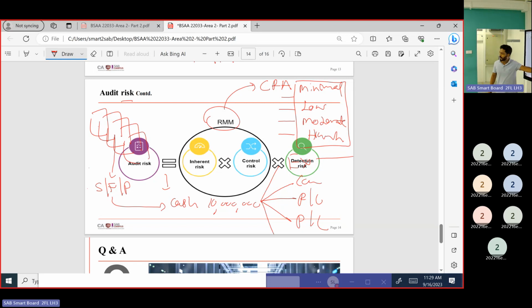So this was given by the management to the public: there's a 10 million cash balance as of the reporting date. Through that message, what message have they given to the public? As at this date, we have existence, completeness, rights and obligations, and presentation. They have even stated assertions to the public.